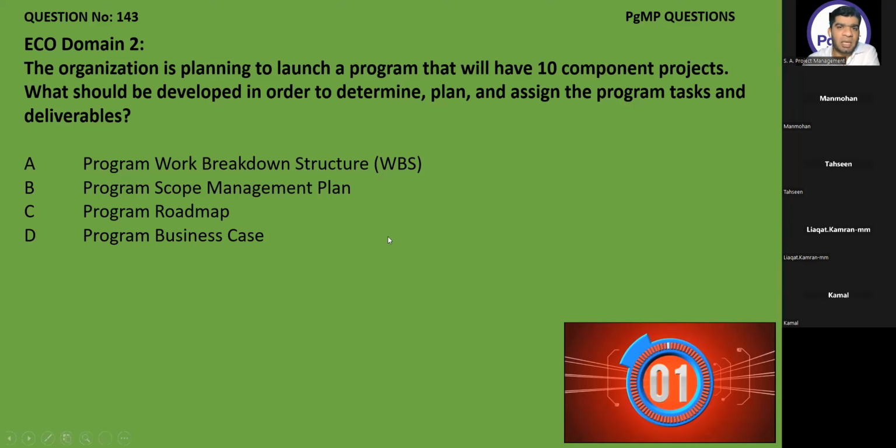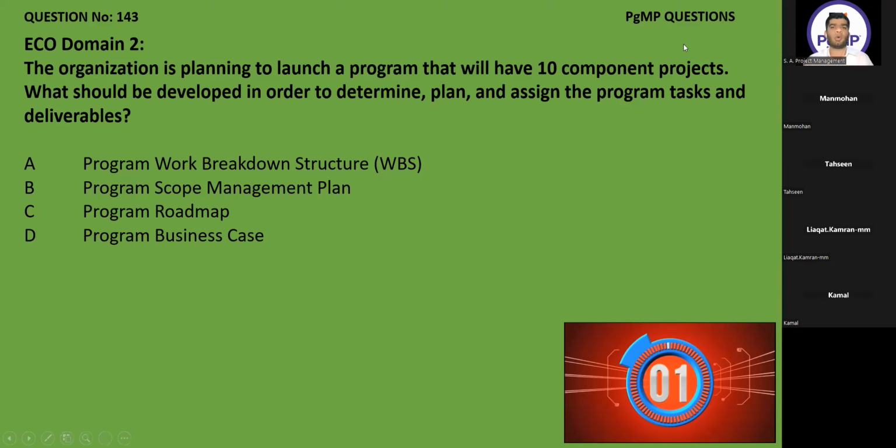And the same question, for example, if he asks you about when the activities will be delivered during the whole thing, or what are the critical milestones at which the program task and deliverables will be given, then the answer will be C, roadmap. This is very important.